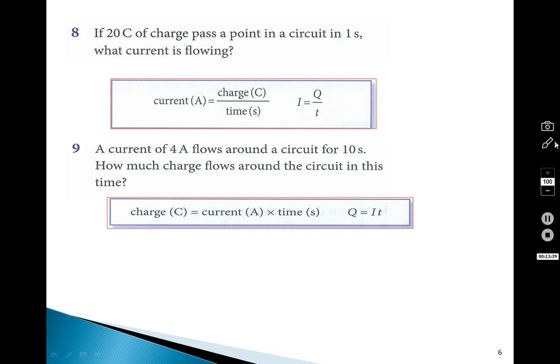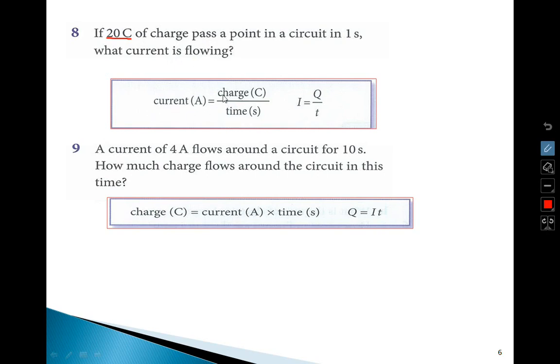Question number 8. If 20 coulombs of charge pass a point in a circuit in 1 second, what current is flowing? From the previous equation, current is equal to charge over time.